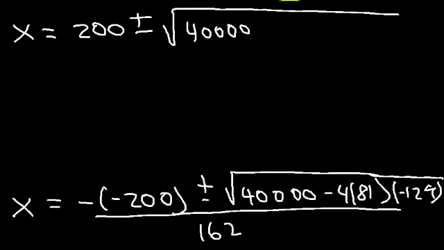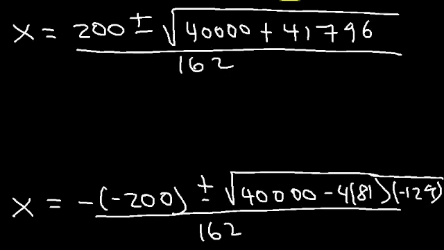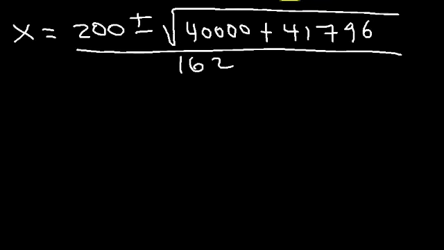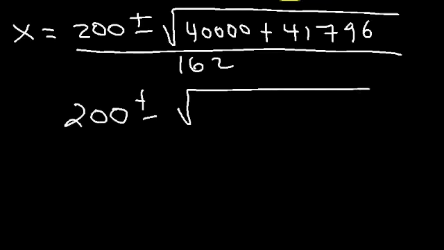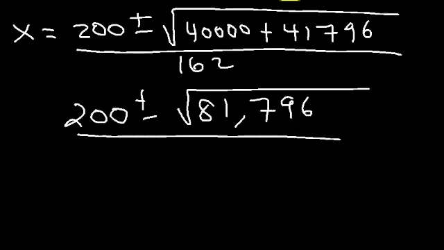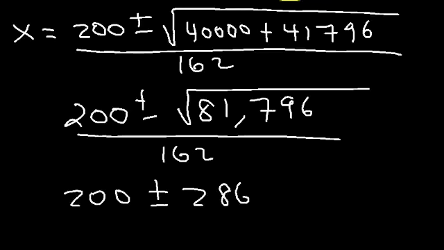Negative 4 times 81 times negative 129, that's positive 41,796. So let's add those two numbers. If we add them, it's going to be 81,796. The square root of 81,796 is 286, which is a nice number.